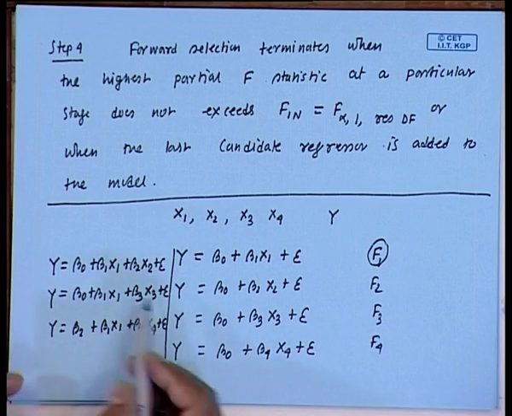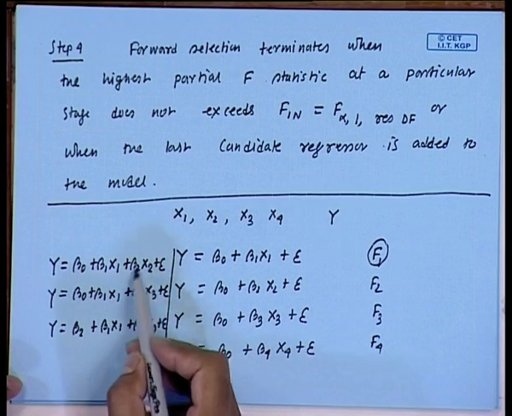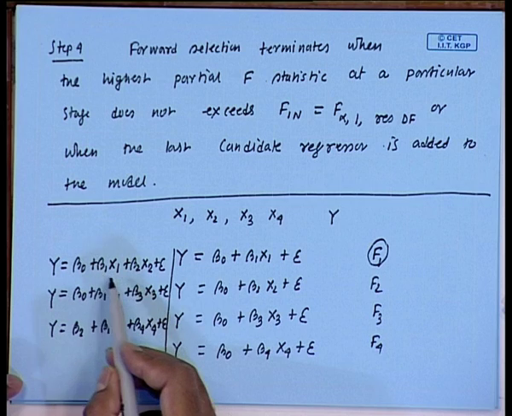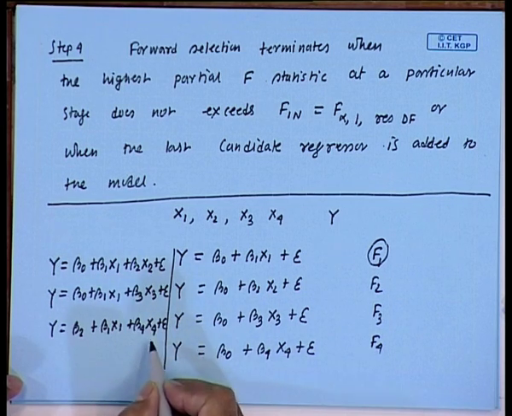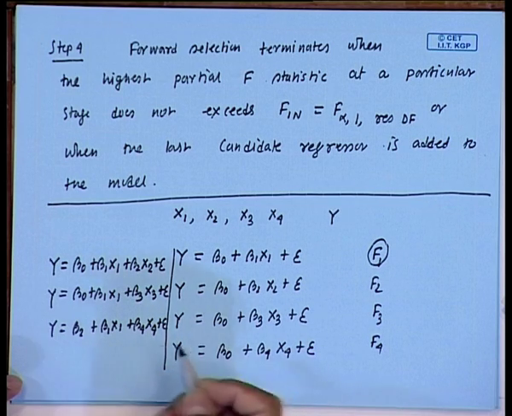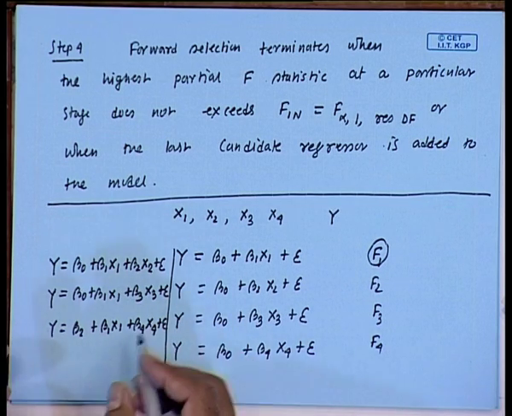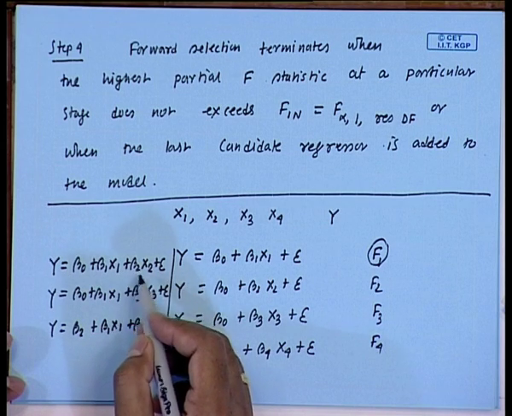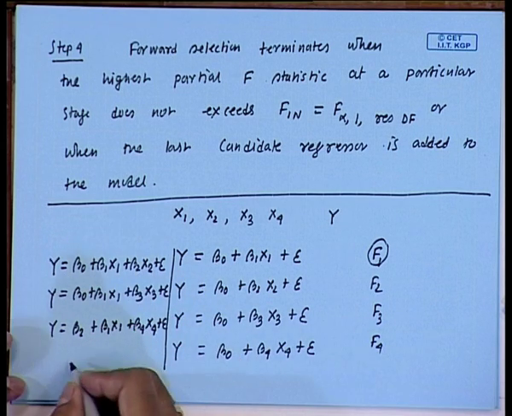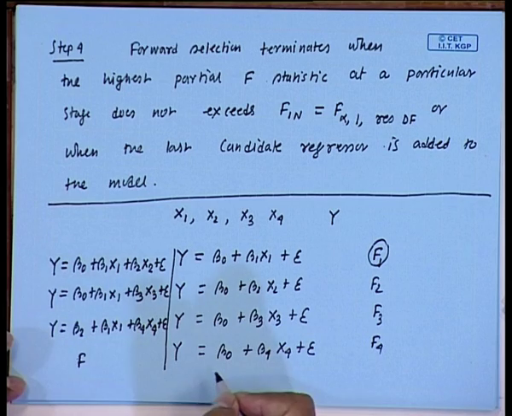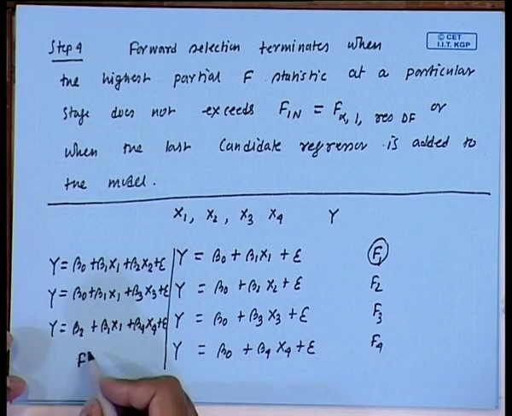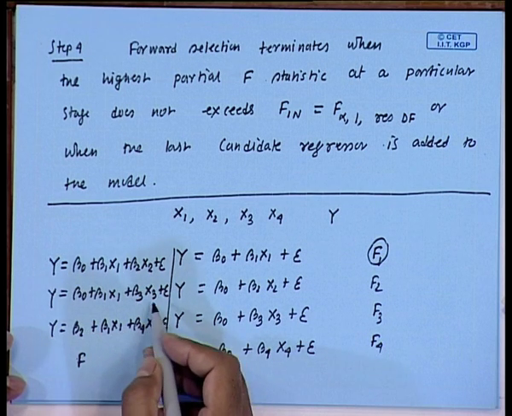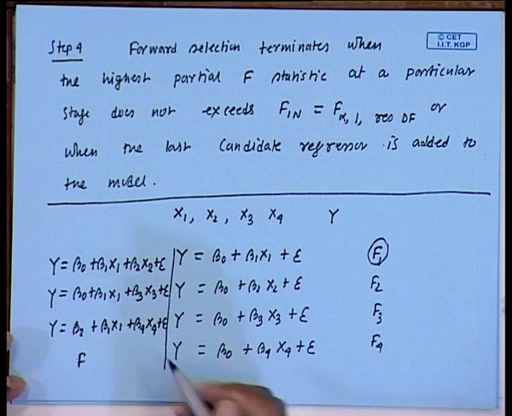We will compare, in the presence of x1, whether x2 is best, or x3 is best, or x4 is best. That can be evaluated by computing the partial F value, and the regressor with the highest partial F value will be included in the model.